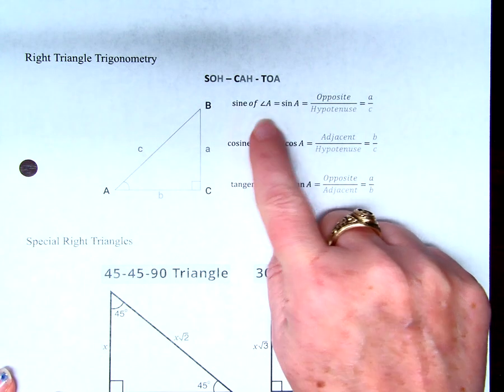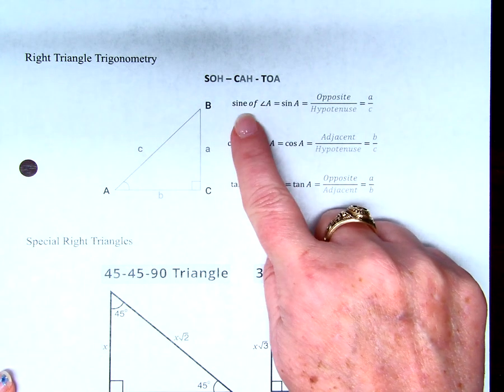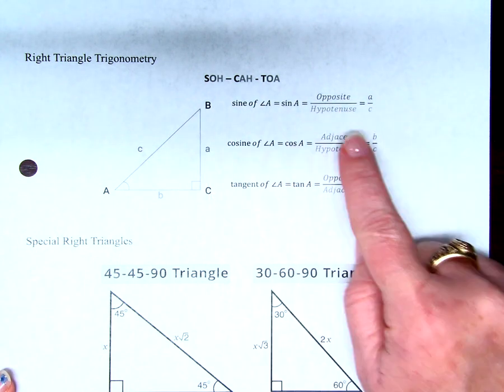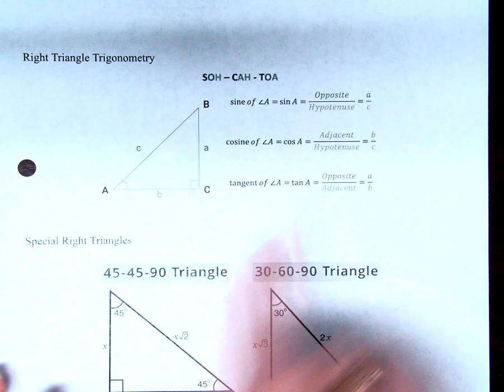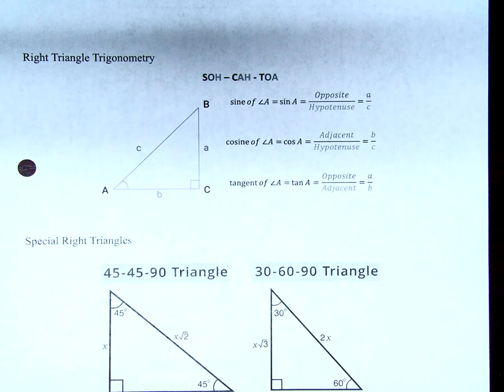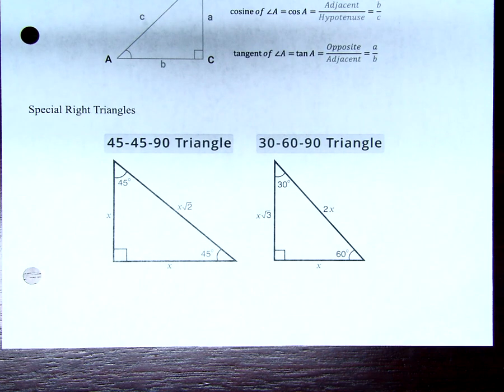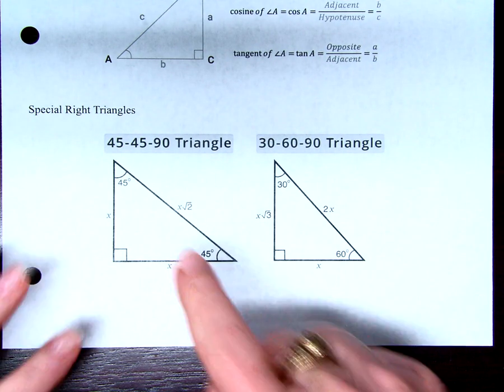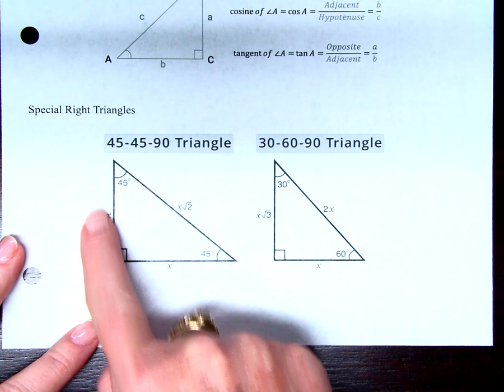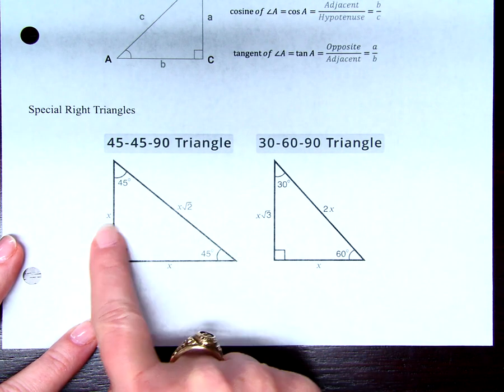You need to know because these formulas are not going to be given to you. Sine is opposite over hypotenuse, cosine is adjacent over hypotenuse, and tangent is opposite over adjacent. You good? Okay. Special right triangles. 45, 45, 90, and 30, 60, 90. Okay? 45, 45, 90 says that this leg and this leg are x.